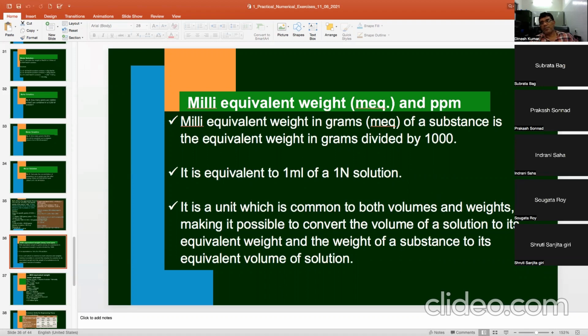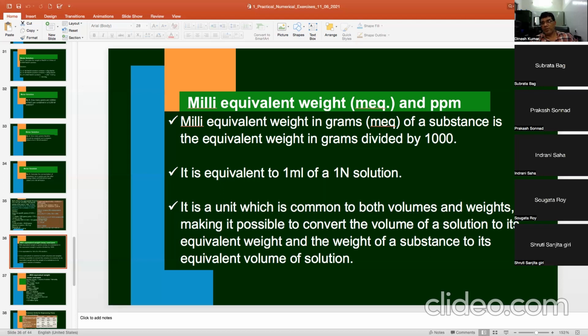You can calculate the milliequivalents. So 1 ml, 1 normal is 1 milliequivalent, because milliequivalent is equal to normality into volume. So normality is 1 here. Volume is also 1 ml. So your equivalent is 1.